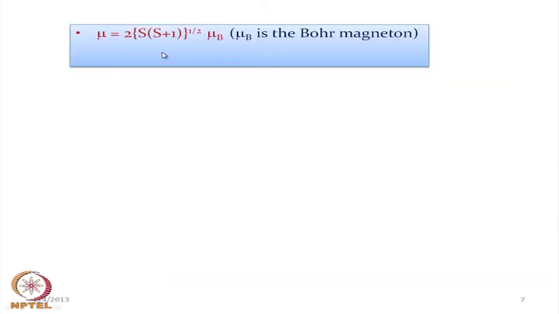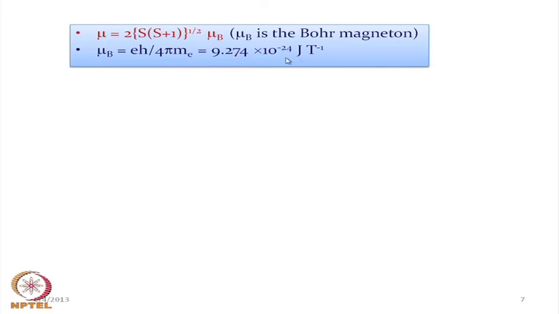So, what we find is that when we know the total spin value of the system, that means the S value is equal to half the total number of unpaired electrons, then we can correlate it to the magnetic moment as the mu value, which is nothing but 2 root S into S plus 1, times mu B. Mu B is its value in Bohr magneton, which is a constant term, and mu B is equal to eh by 4 pi m e, where m e is the mass of the electron, equal to 9.274 into 10 to the minus 24 joule per Tesla.